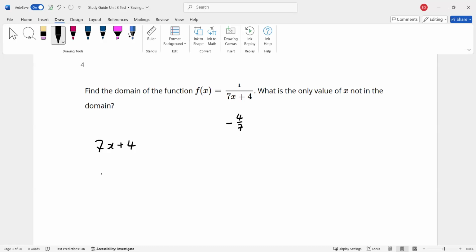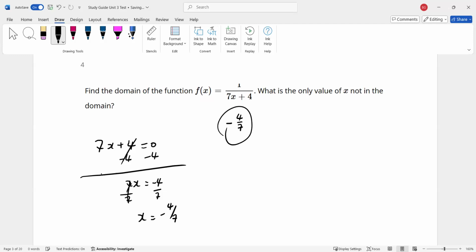If we let the denominator be 0 and solve the equation, we have 7x equals -4, and dividing each side by 7, x equals -4/7. x cannot be -4/7, because if x equals -4/7, the denominator will be 0, and that is not well defined. So the domain is all real except this value. That's an easy one.